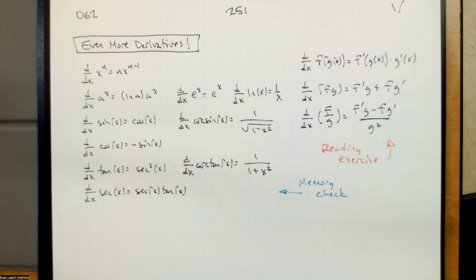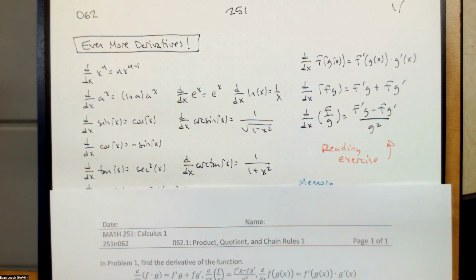All right. With that in mind, I have some problems for a reading exercise. This is called product, quotient, and chain rules. I realize that I really prefer to say chain, product, and quotient, which is why I always stumble when I say product, quotient, chain. There's also the sound in product and the sound in rules that make it hard for me to say.